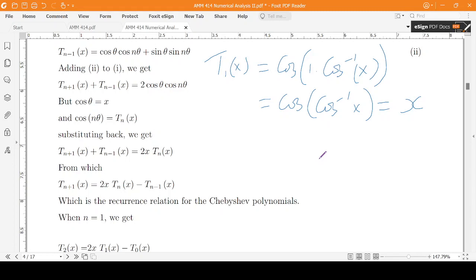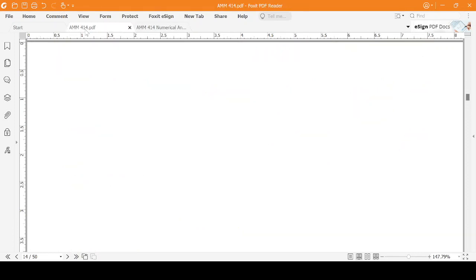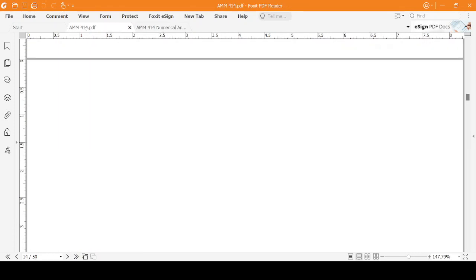So we are defining Tn of x as cosine of n theta.